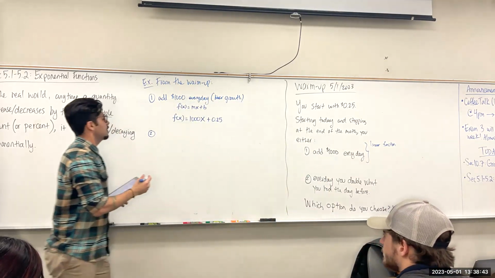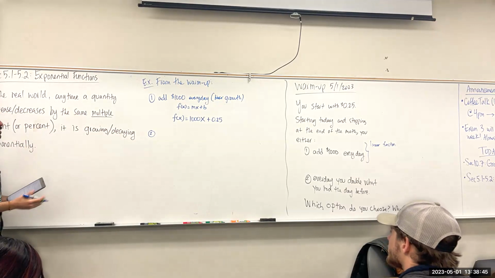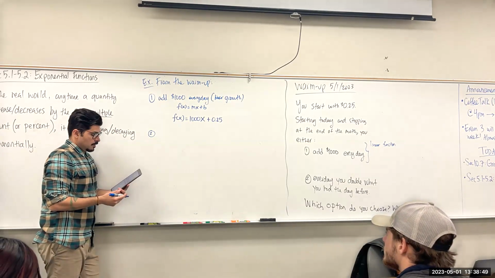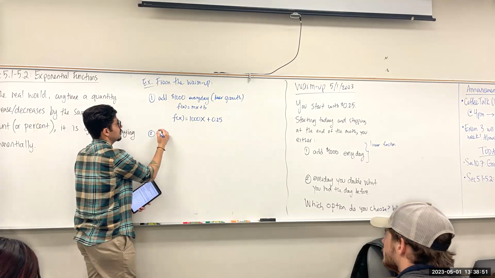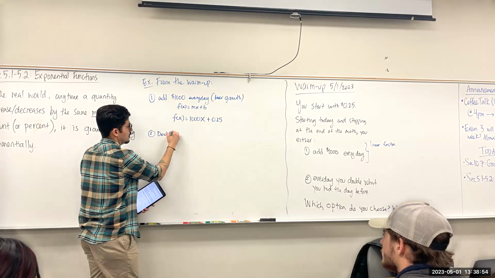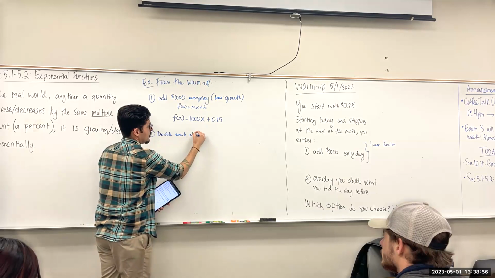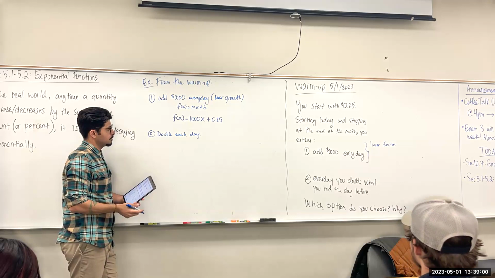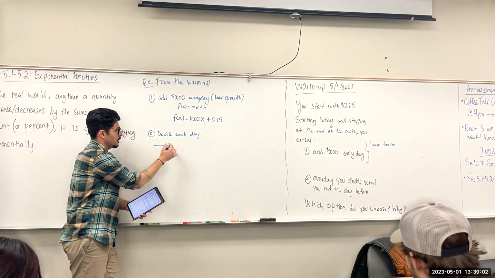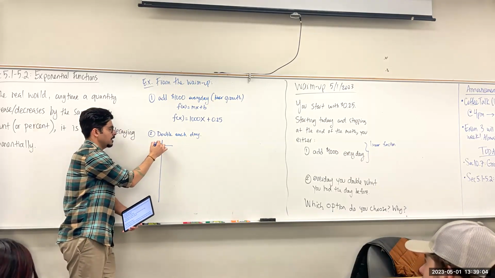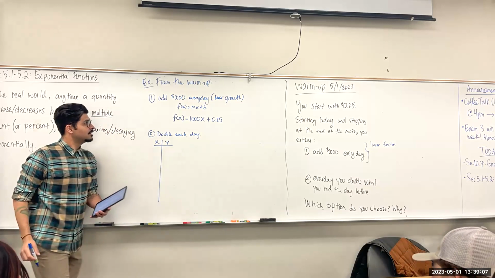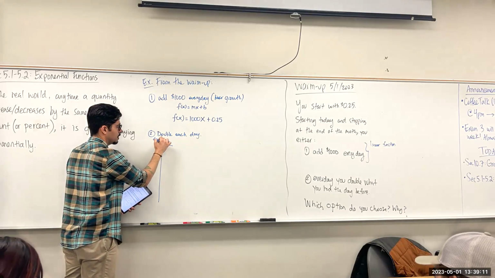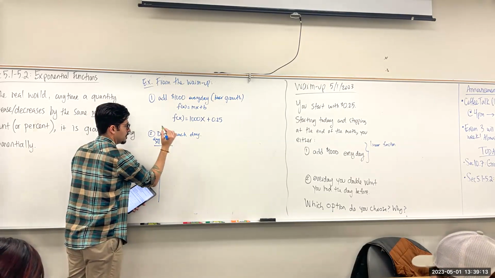Let's take a look at what the second one's going to be, knowing that it should be exponential. Option 2 was double each day. I'm just gonna say shorthand like that. But let's do a little table here. Back to tables, but thankfully X and Y's. Here X is gonna be the day, and then Y is gonna be the amount of money.